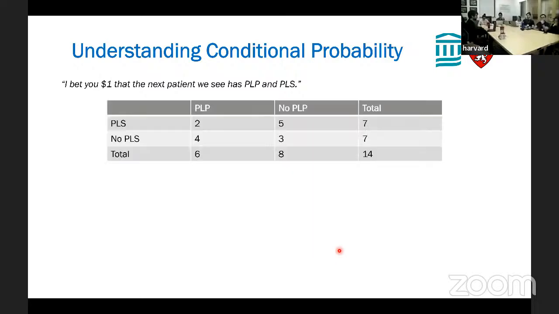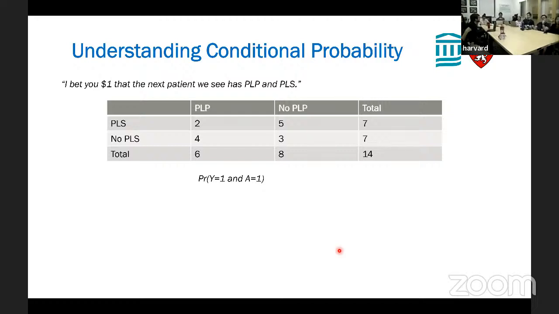So now let's use this table to calculate that probability of having the next patient with PLP and PLS. So remember the notation we discussed last time? We have probability of Y equal 1, which is presence of PLP, and A equal 1, which is presence of PLS, right?